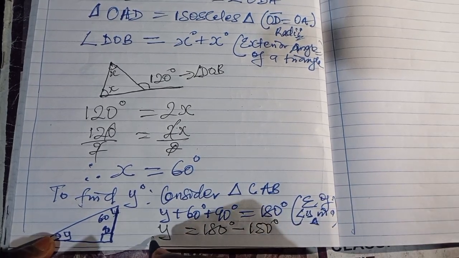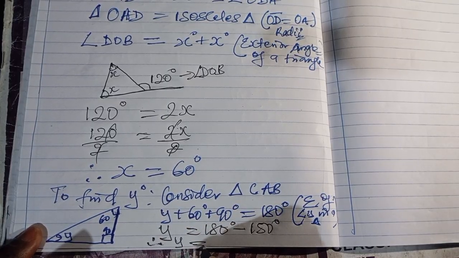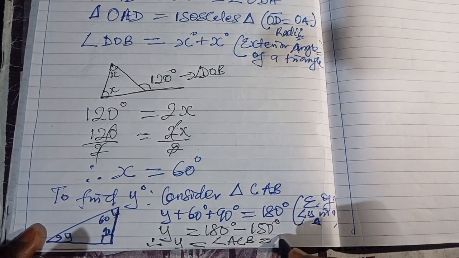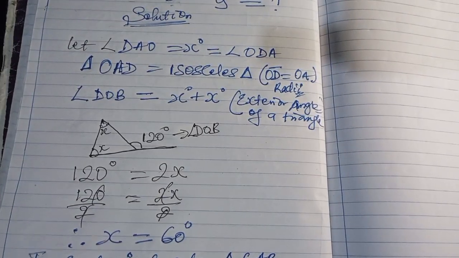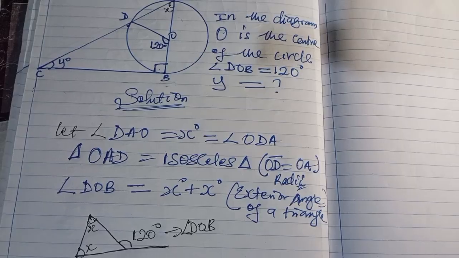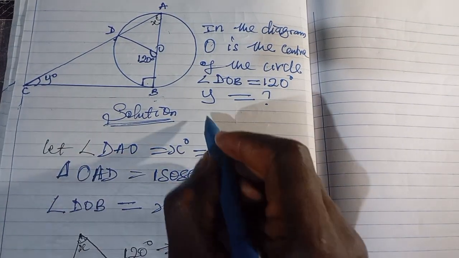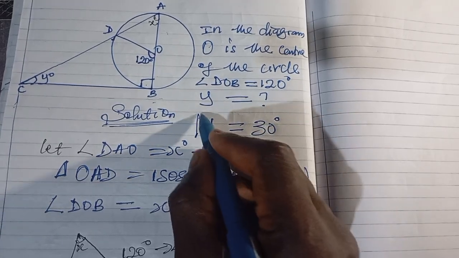Okay, therefore y, which is angle ACB, is equal to 30 degrees. So the value of this angle y is equal to 30 degrees.